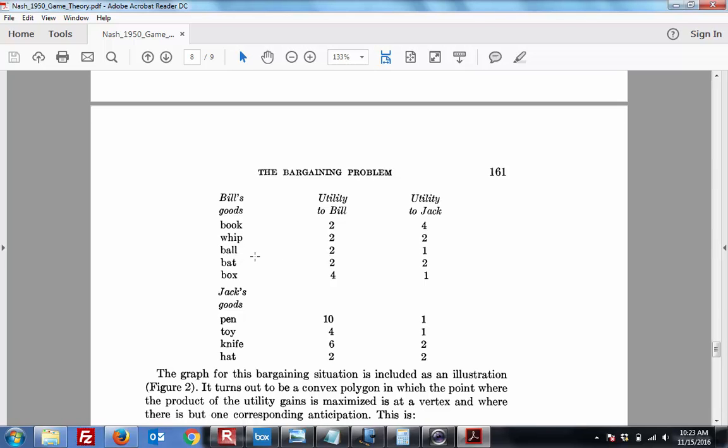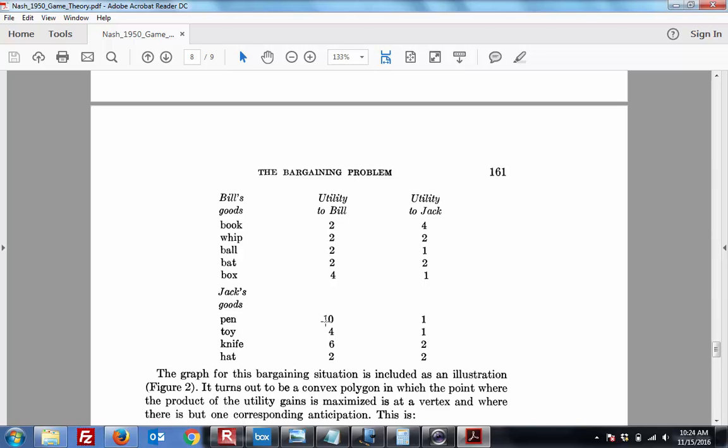Bill has the ball, but Jack doesn't care, since he's got a rock in his backyard. They want the bat equally. Bill needs the box because he's got all this junk to keep in it, and Jack doesn't have that much stuff. The hat's on his head, the knife's in his pocket. What does he need a box for? So you can see what the relative values of these things are.